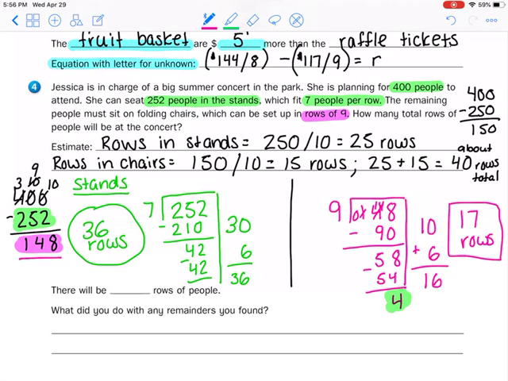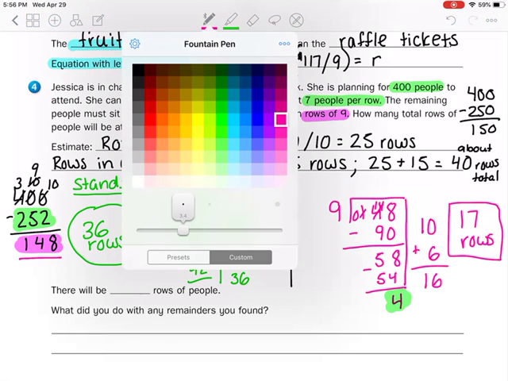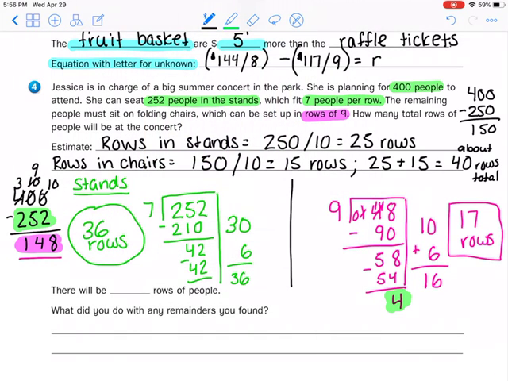So in total, if she had 36 rows of people in the stands, plus 17 rows of folding chairs, there will be 53 rows of people for her big summer concert.